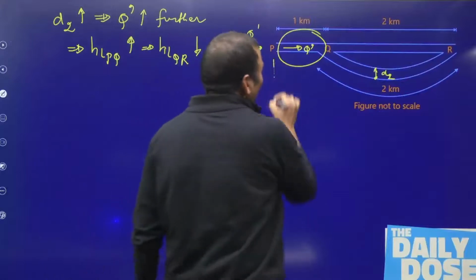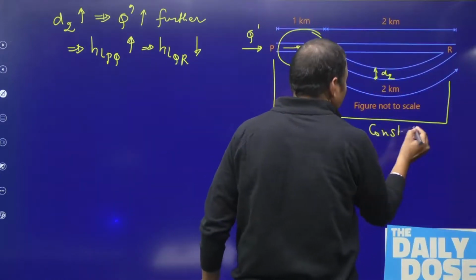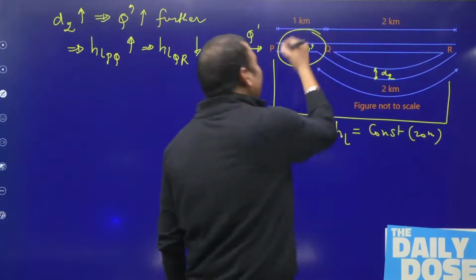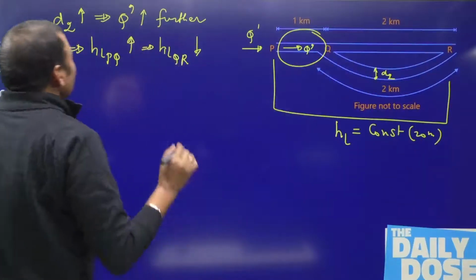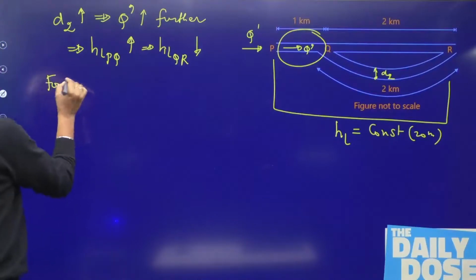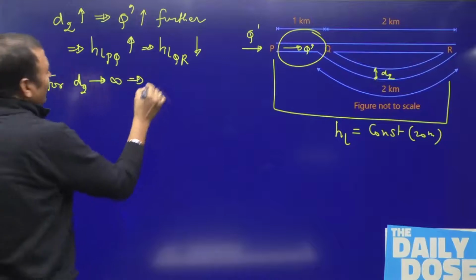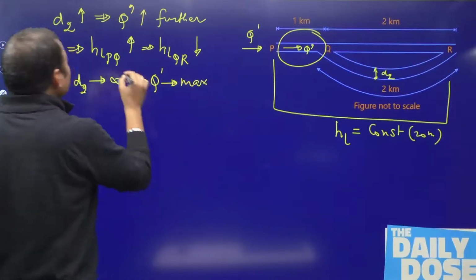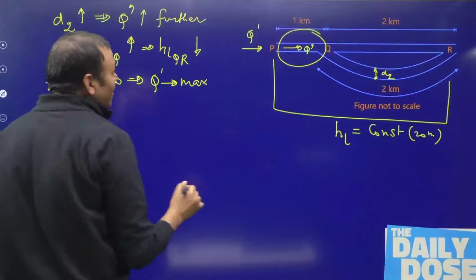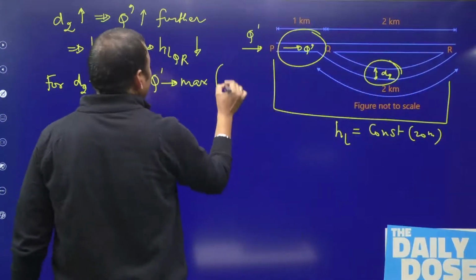Because the total loss between P and R is constant, that is 20 meter. So if there is an increase in loss in P to Q, there will be a decrease in loss from Q to R. So for diameter D2 becoming infinite, Q dash becomes maximum.